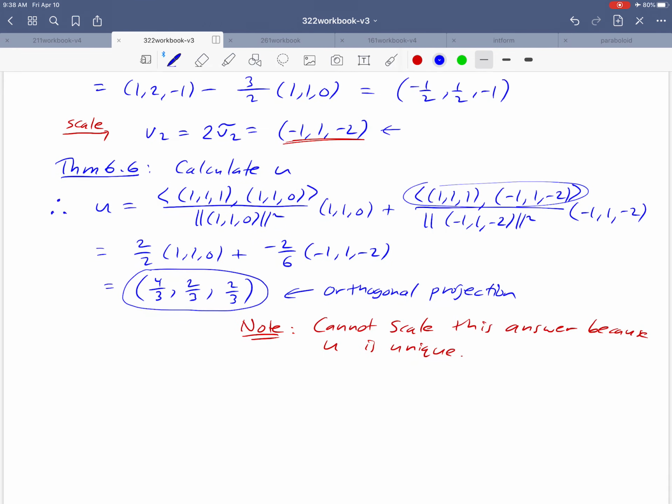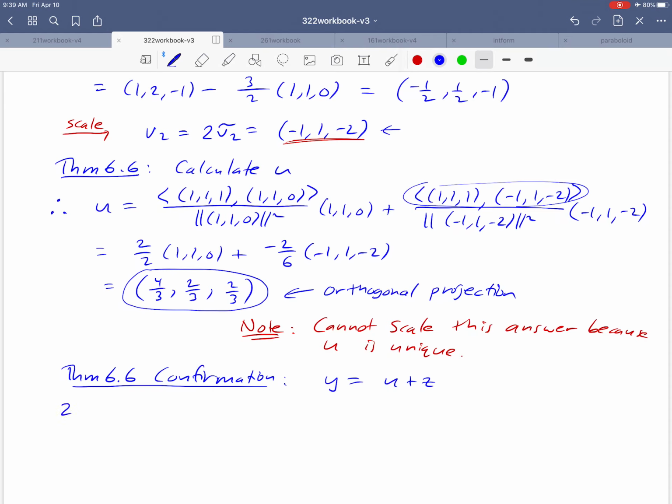Okay, and could we confirm this? Just maybe convince ourselves that our answer is plausible here. Okay, let's do just a quick confirmation. One way to do that is to calculate the vector z. Remember how the orthogonal projection formula kind of looked like this: y equals u plus z. It took our vector y that we started with and split it into one part that's in W and one part that's in W perp.